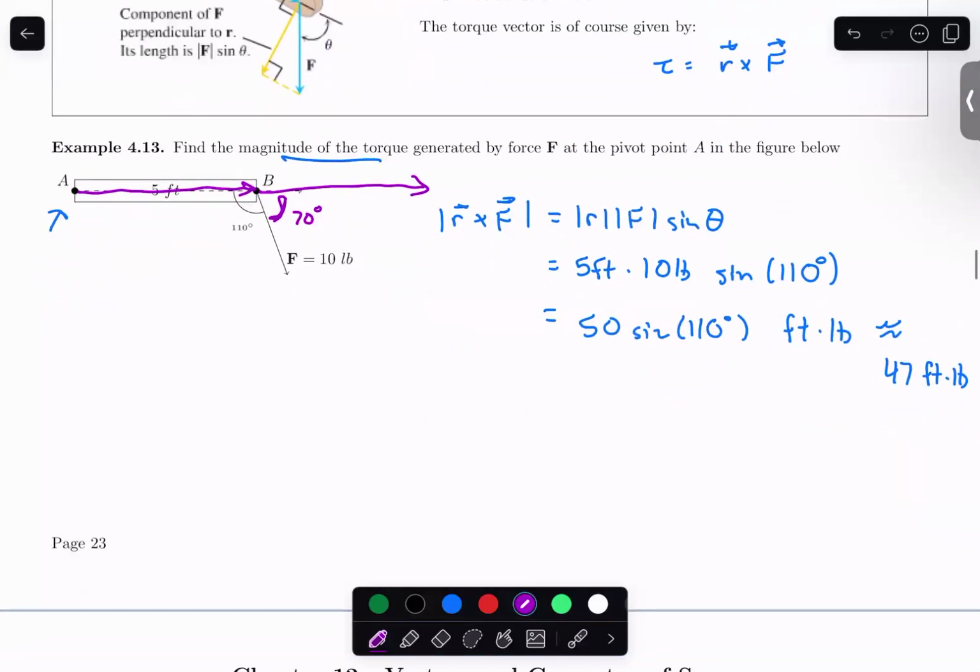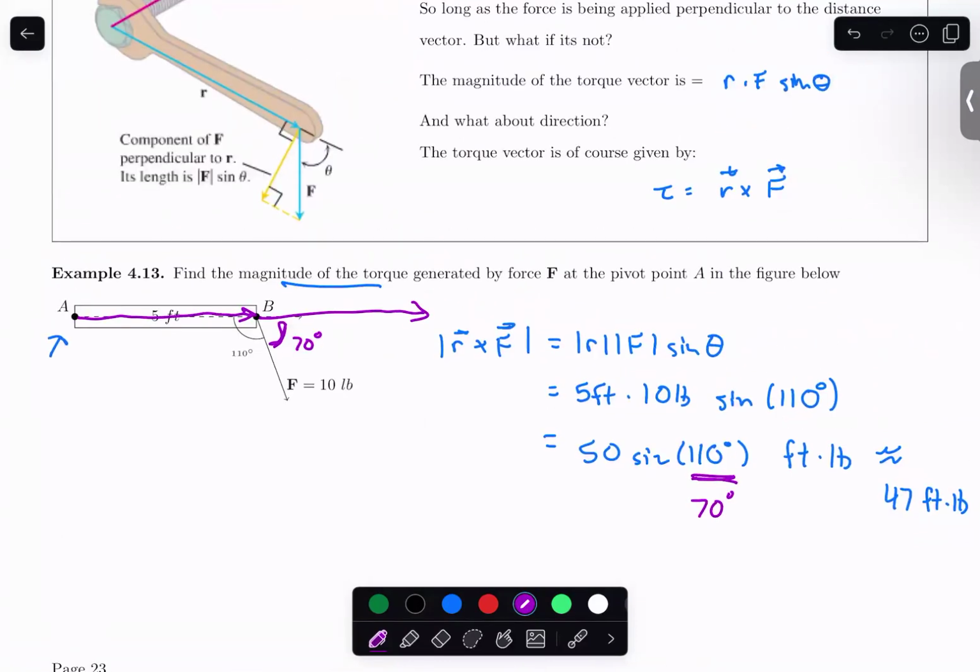So if I want to be extra correct, I suppose, instead of 110 degrees, this should be 70 degrees, if we're going to follow what we have from this picture and the fact that it should be the angle between these two vectors. Luckily, though, if you plug either the 70 or the 110 into your calculator, because these are supplementary angles, you do get the same result.